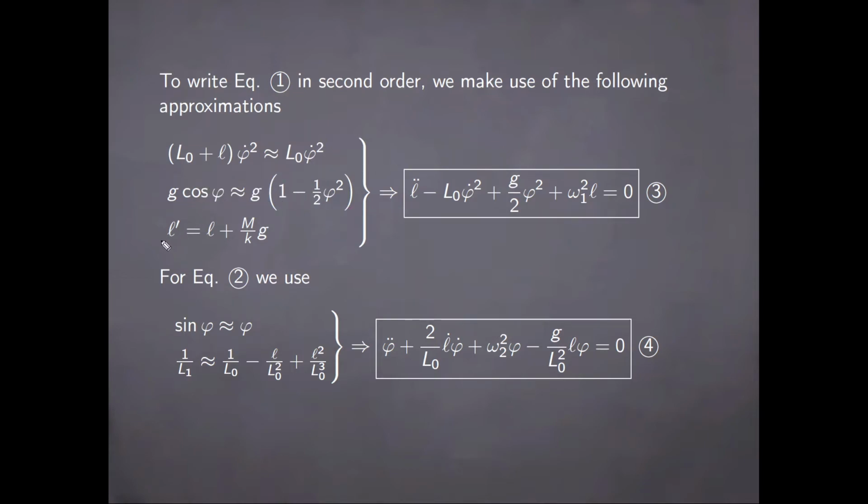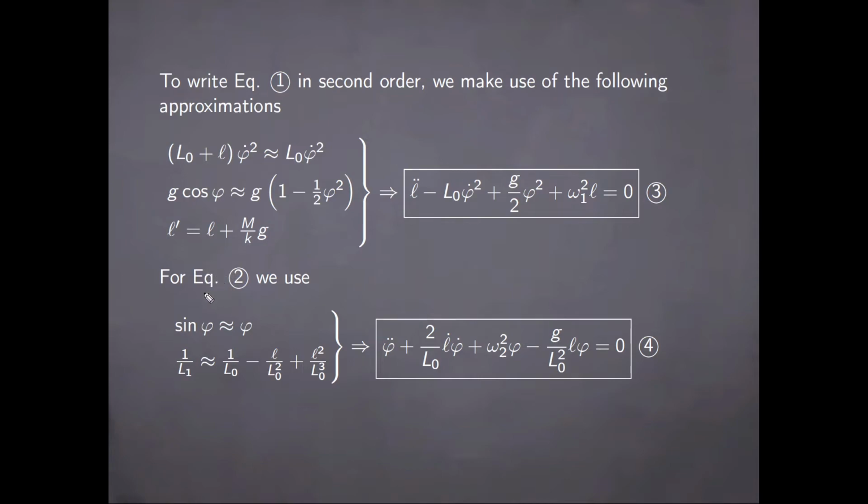And I will also employ this change of variables briefly to eliminate this quantity from the equation. But once that is done, I will drop the primed index and revert to the L notation. And with all these things put together, the result in second order should be the one here.